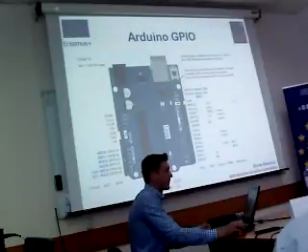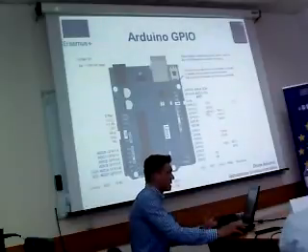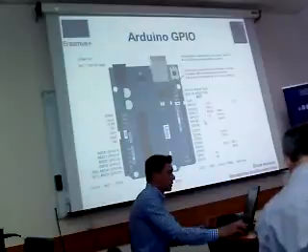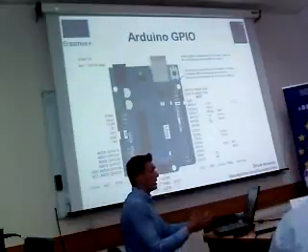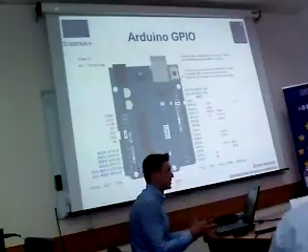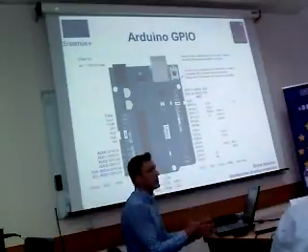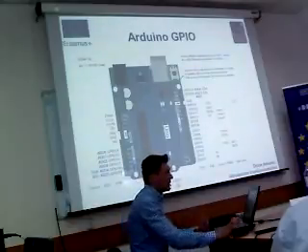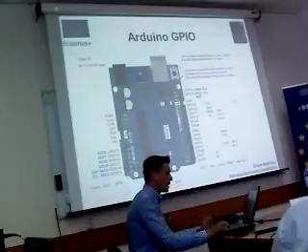So for us as programmers, it's very useful and very comfortable to have such pins which we can use not only for some specific purpose, they are not sacrificed to do only one thing, but which we can use for many things which are dependent on the situation and on our idea.